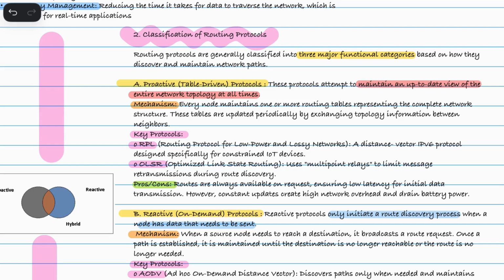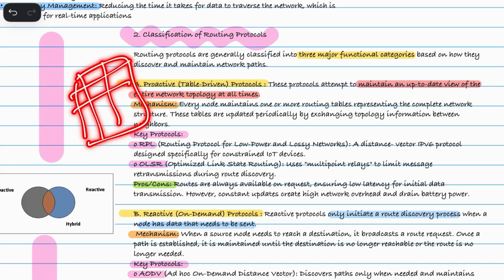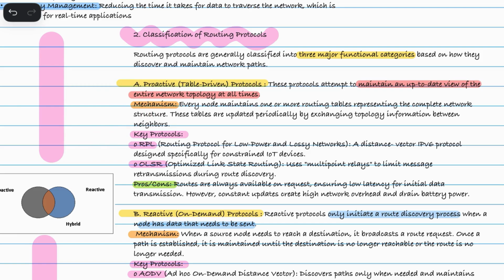Since the rooms never move, the central computer keeps a permanent table for every room's location. If you want to unlock room 302, the signal travels instantly because the path is already known. However, the system uses a lot of battery power, constantly checking if every single room is still online. So this is what a proactive protocol does.